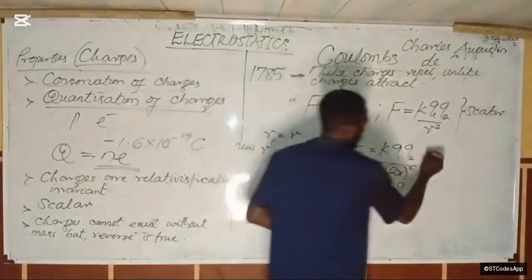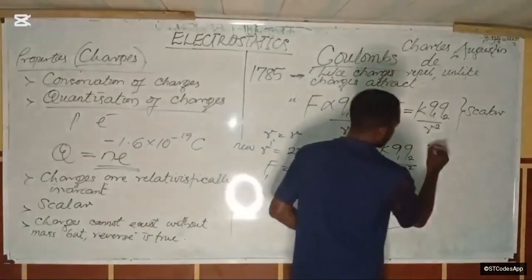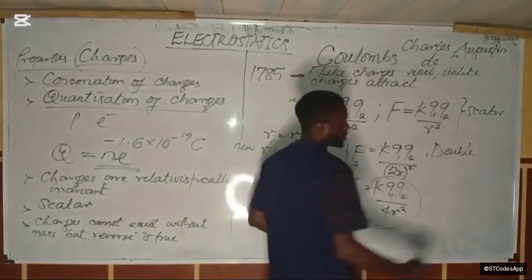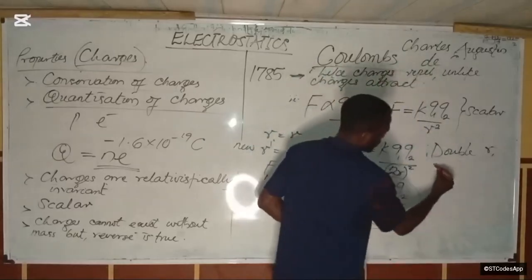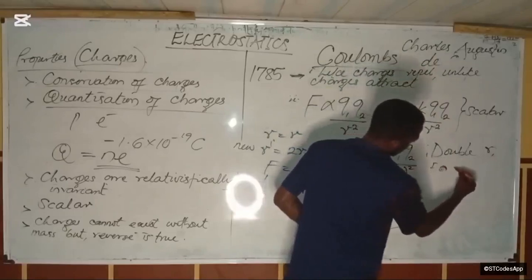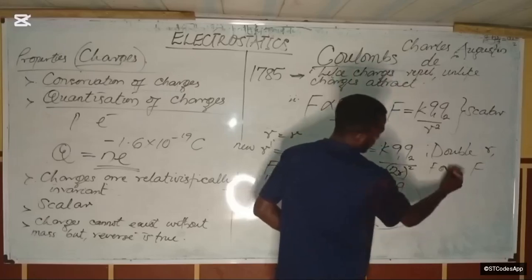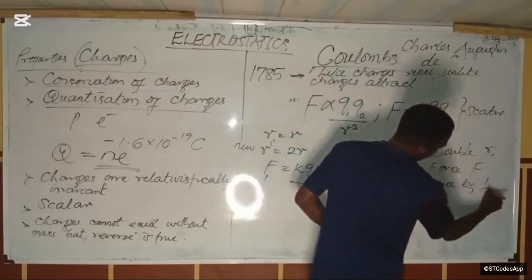So this mathematical equation tells us exactly that if you double the distance, the force F reduces by 1/4.